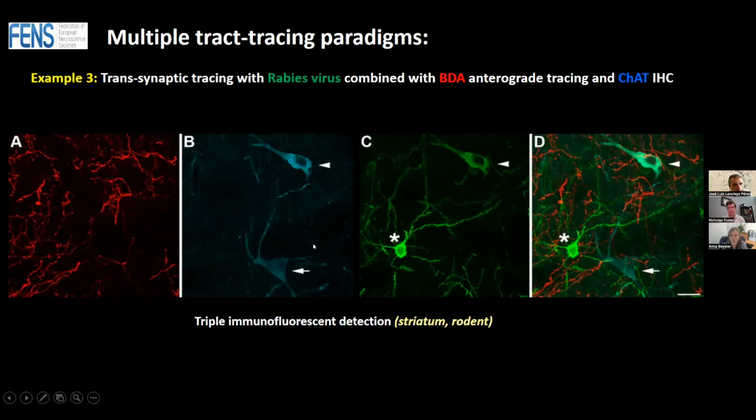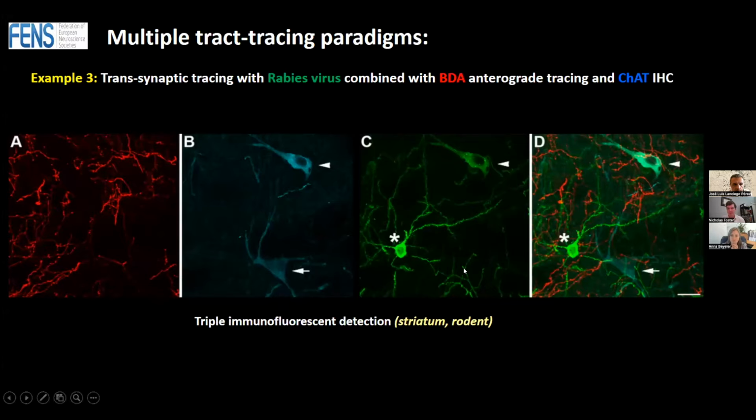So this is an example of thalamostriatal fibers coming to the striatum in rodents labeled with BDA, immunohistochemistry for choline acetyltransferase to disclose cholinergic neurons in the striatum, and immunostain for rabies virus. So you can see a typical medium-sized spiny neuron.